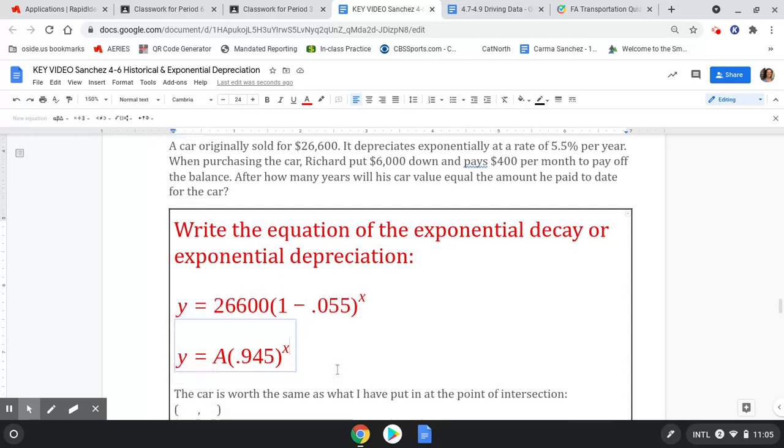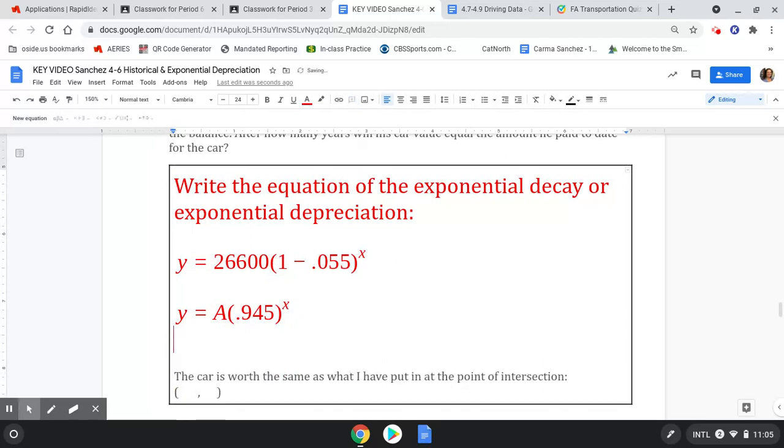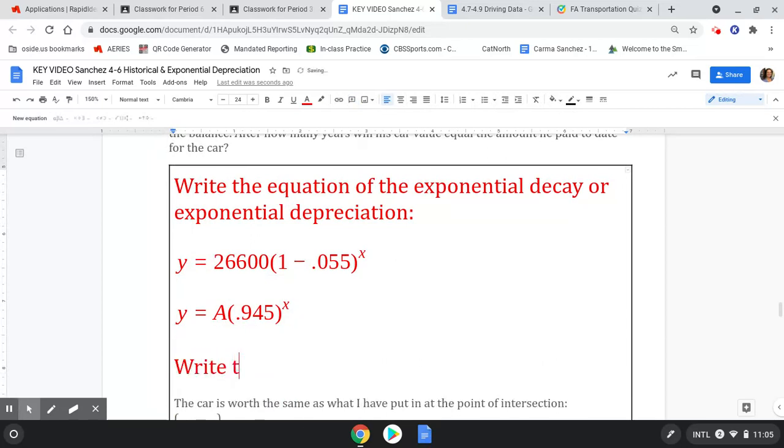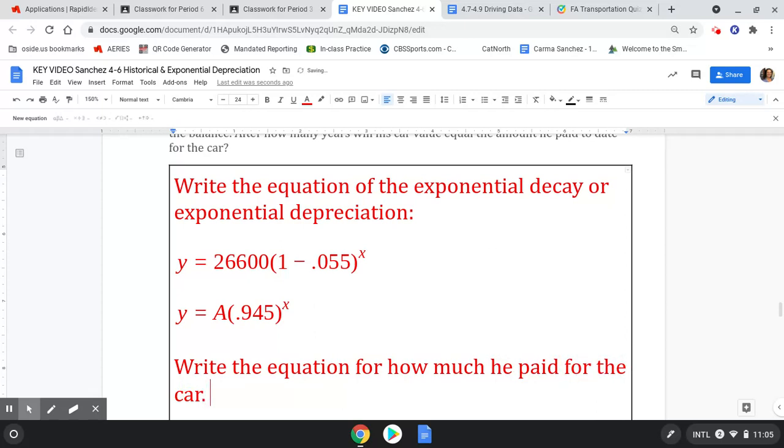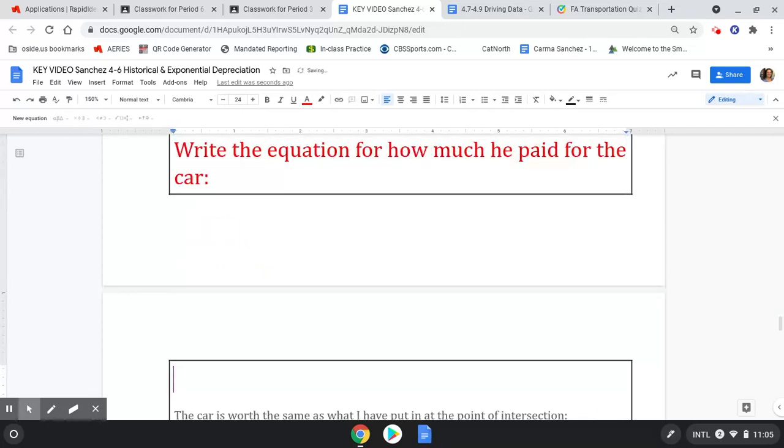So we wrote the equation for the exponential decay, the car losing value. Now we're going to write the equation for how much he paid for the car. And this is going to be linear because he paid $6,000 outright and $400 per month.